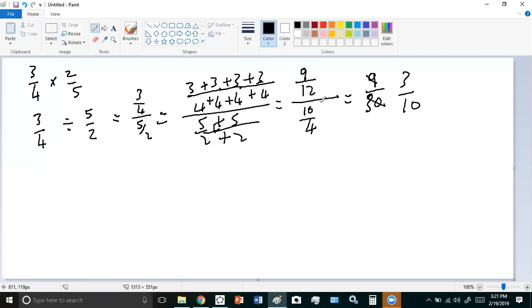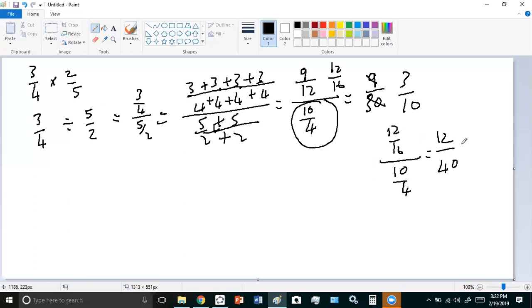And of course, it doesn't matter if we had added another 3 on the top here and another 4 and kept this bottom one the same. We would have had 12 over 16, okay? And of course, 12 over 16 over 10 over 4 will give us the same answer again. Will give us 12 over 40, which is equal to 3/10. So it doesn't matter how many times you do it on the bottom or on the top.